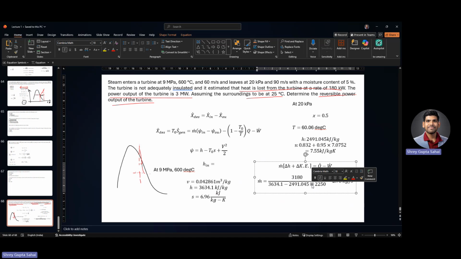So minus 2.2. Nothing very significant, so that won't change the answer very much, but that's fine. 3634.1 minus 2491.045 minus 3.5. So still remains 2.78.